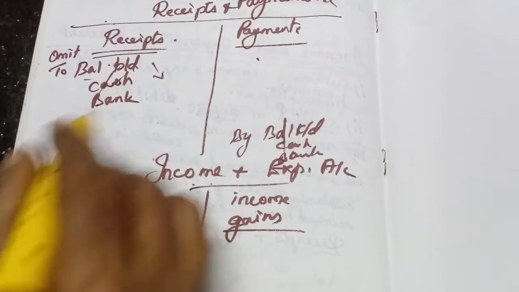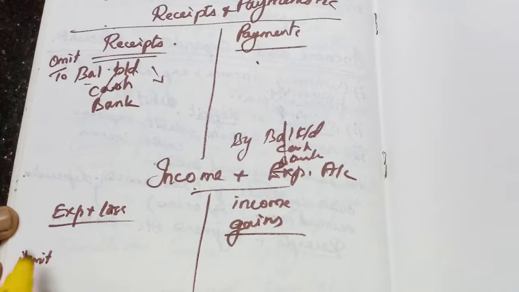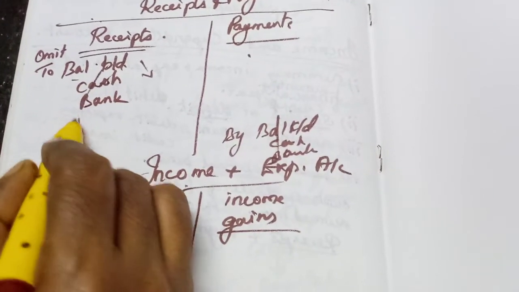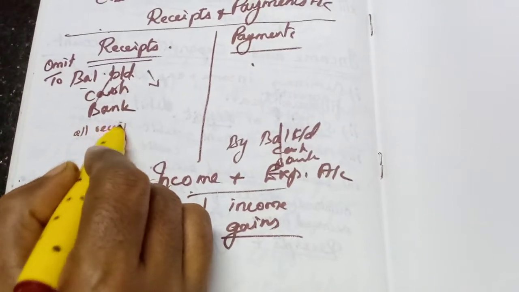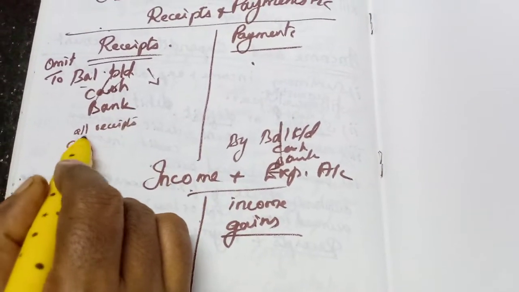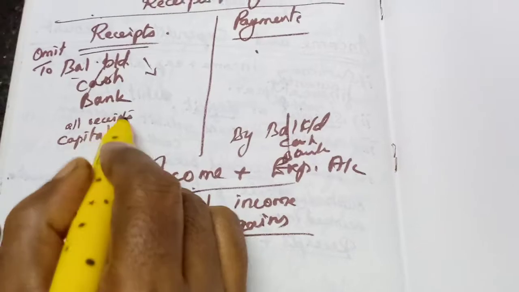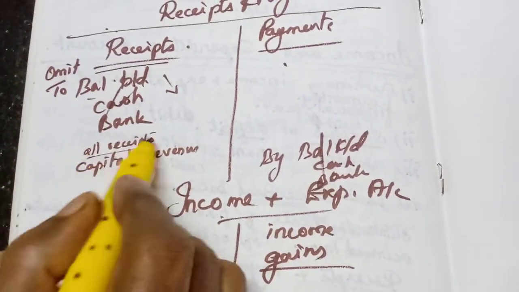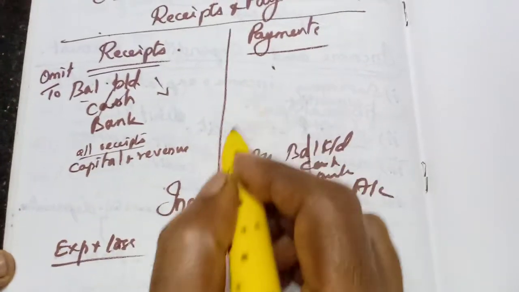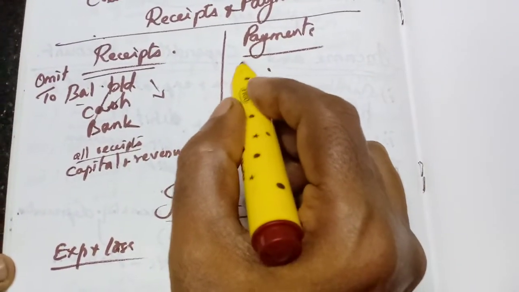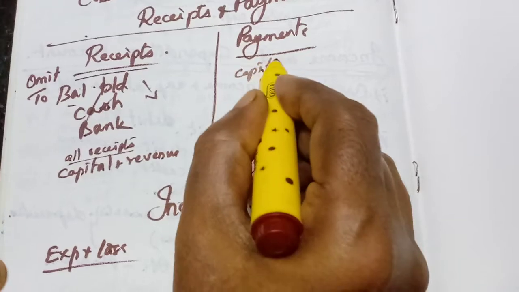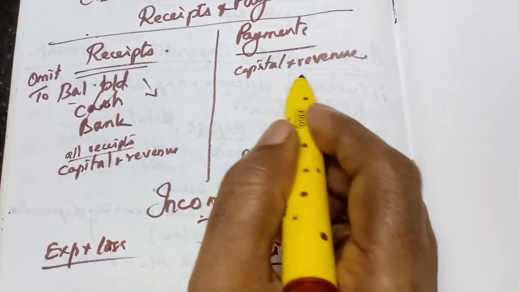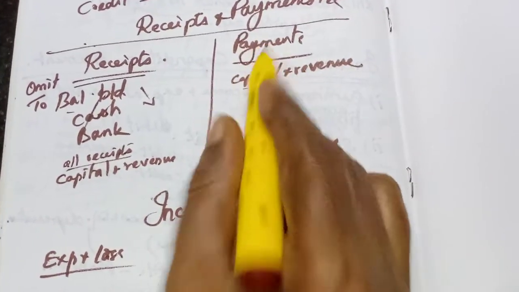Then I will explain the second step. In the receipts and payments account we include all receipts, whether capital or revenue, and in the same way all payments, whether capital or revenue, on the payment side.